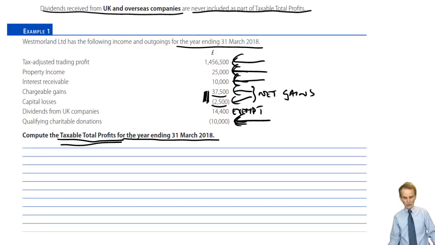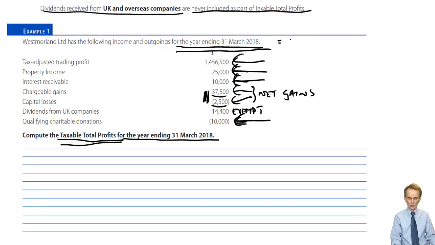This question only asked you to get TTP, but of course in an exam question you probably would then, but always read the question carefully, only do what they ask you to do. You probably, however, would have to go on and calculate the corporation tax liability. This is the year ended 31st of March 18.